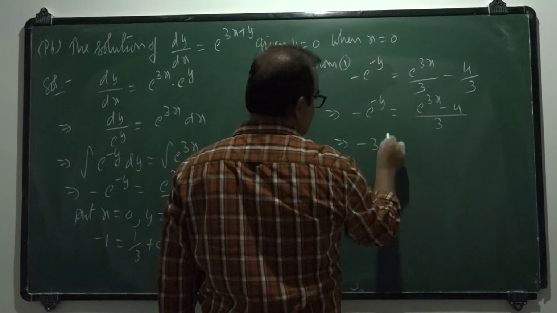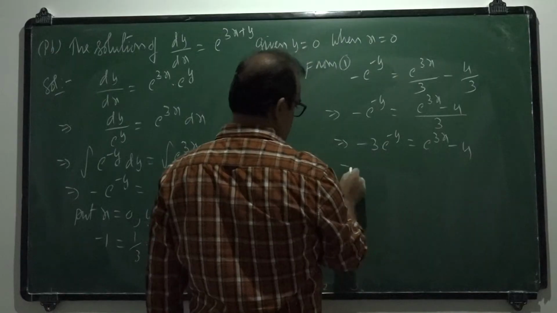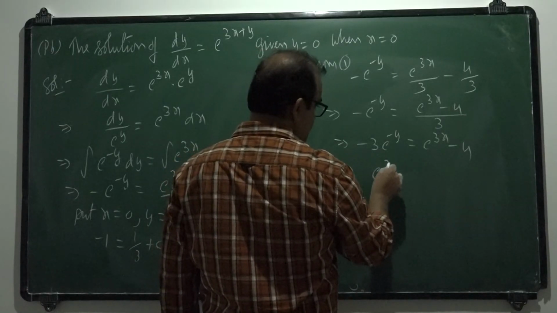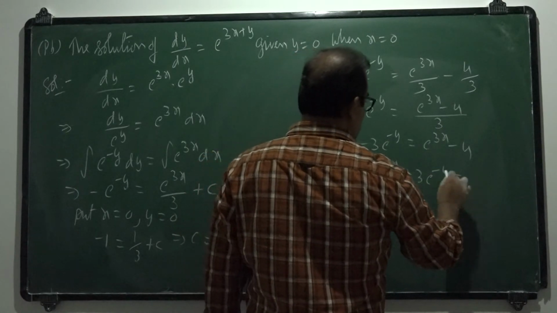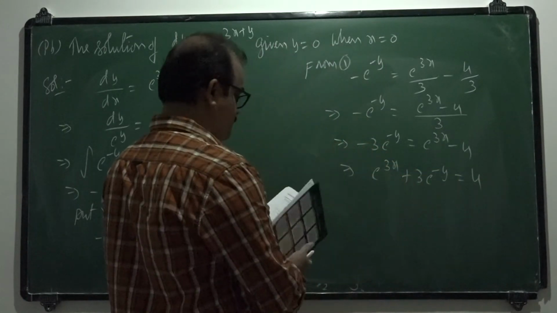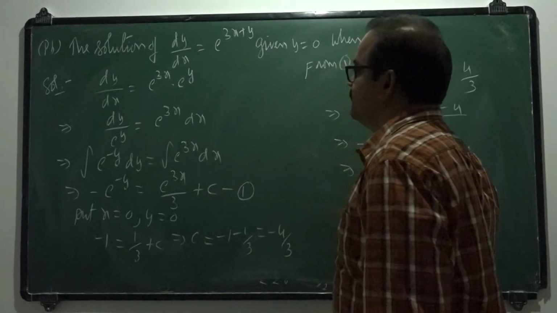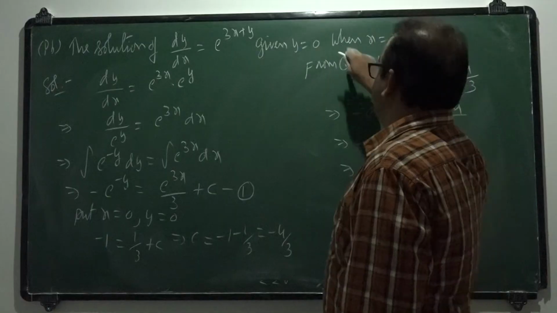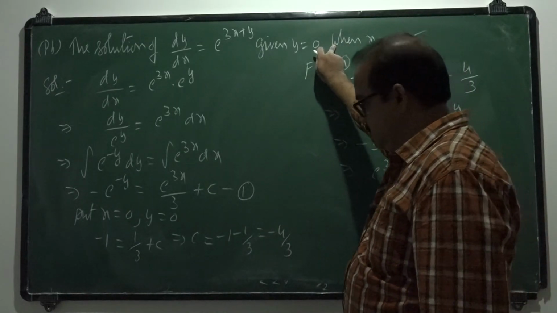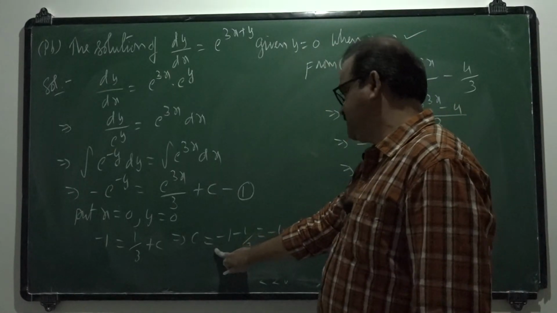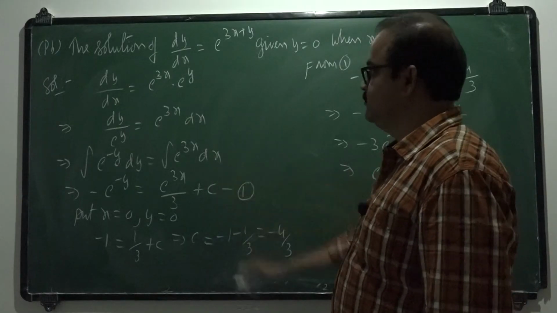Cross multiply, minus 3 into e power minus y is equal to e power 3x minus 4, or write it as e power 3x plus 3 into e power minus y is equal to 4. This is the solution. In any problem, when a condition is given, by using the given condition, find the value of c. Again substitute c value in the general solution.